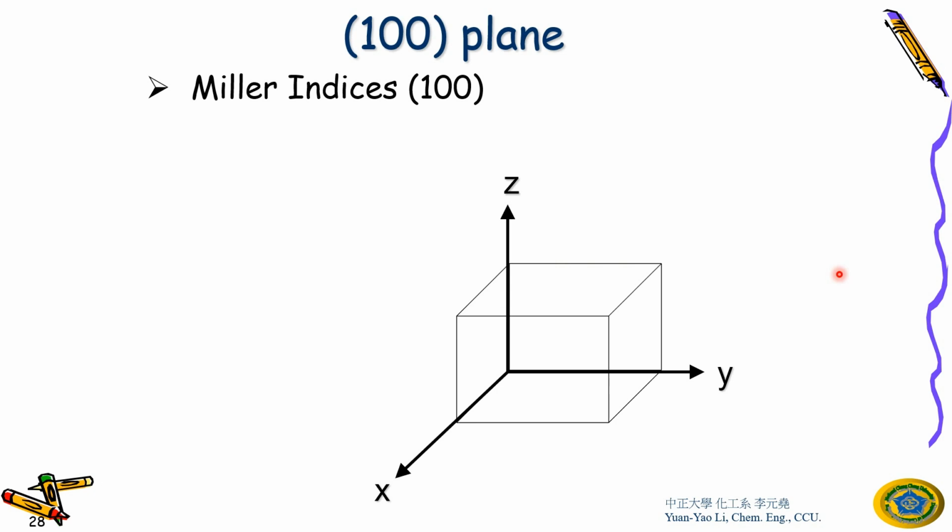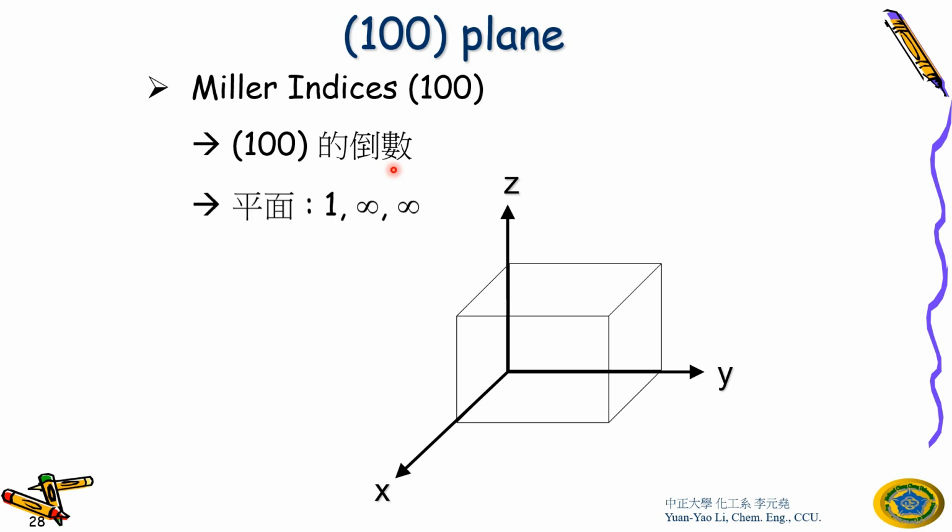You have to move backward from step 5, step 4, step 3, step 2, step 1. So you need to do smaller integer, and you need to do the reciprocal. Reciprocal of 100 is what? 1, infinite, and infinite.